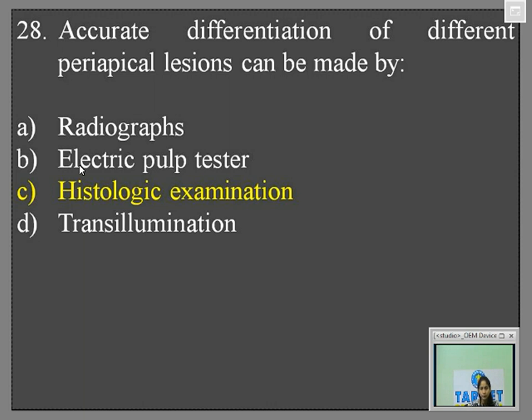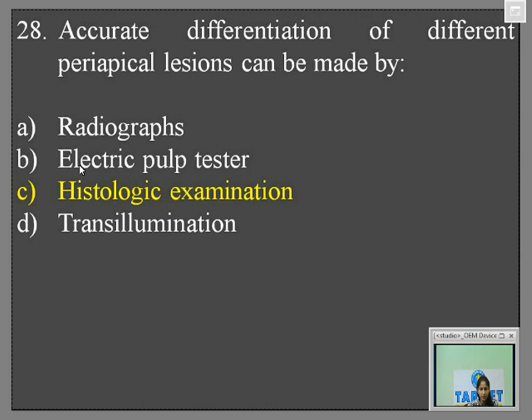So that is a slope technique. That means that whichever side the X-ray tube head is shifted, the root which is lingual or palatal gets shifted to the same side, and the root which is on the facial or the buccal will get shifted to the opposite side. So if I take the X-ray tube head towards the distal position, then the palatal root will take a distal position and the facial root will get onto the mesial side.